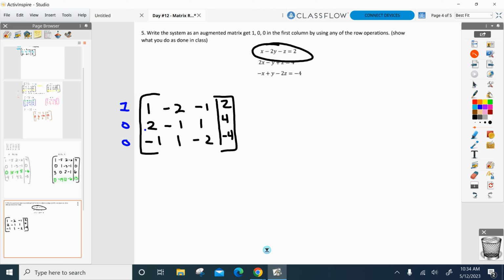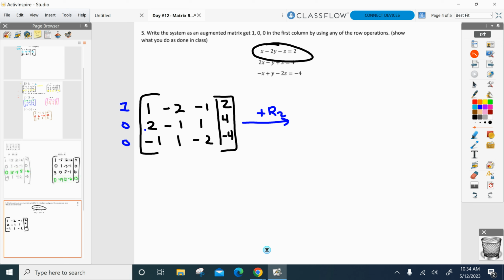So let's write what we're about to do here. You need to add, because we're going to replace row 2, right? We're going to replace row 2. Again, ready? Slow. What do I need to add to 2 to get 0? -2. So that's what I'm going to multiply row 1 by.